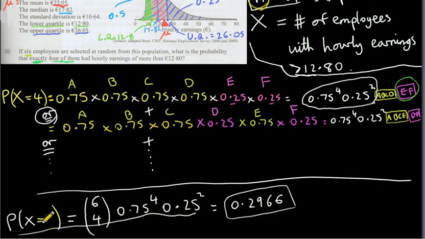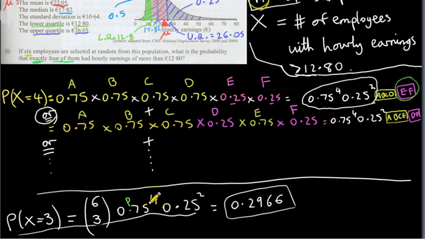Suppose we wanted the probability that x equals 3. In other words, 3 employees have hourly earnings greater than 12.8. Well, we'd replace this here with 3. And the probability that an employee has hourly earnings greater than 12.8 is p. p is 0.75. This is our p.